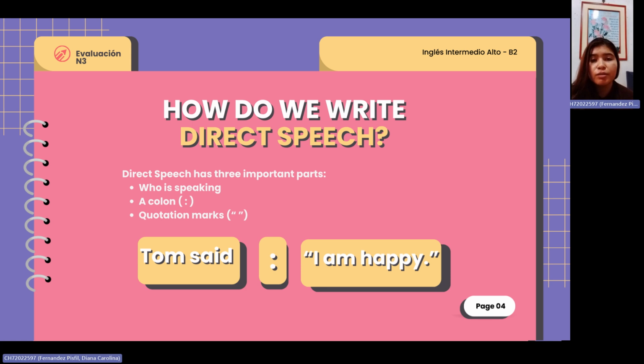The third part is the quotation marks. We use these symbols to show the message. Here we have an example. We have the name, then the colon, and finally inside the quotation marks, we write the phrase, "I am happy." It's very simple.